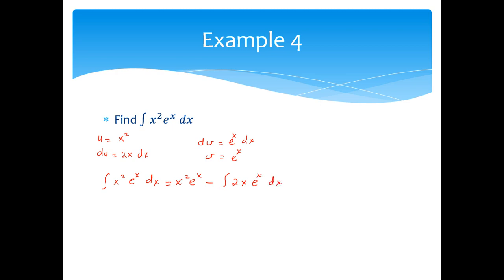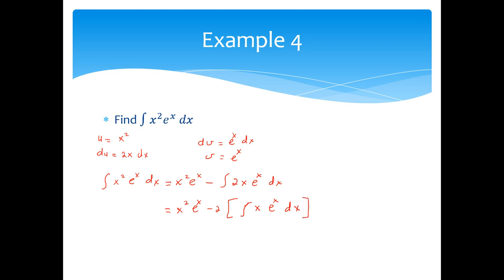So this is another integral again. That would give me x squared e to the x minus 2 times the integral of x e to the x dx.